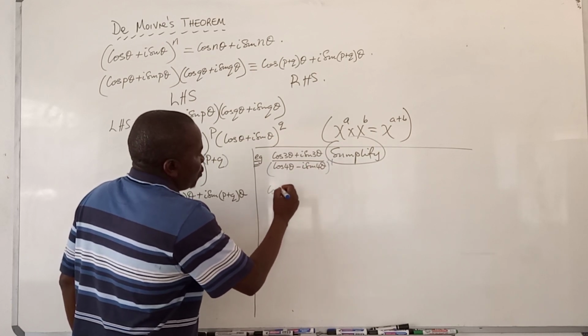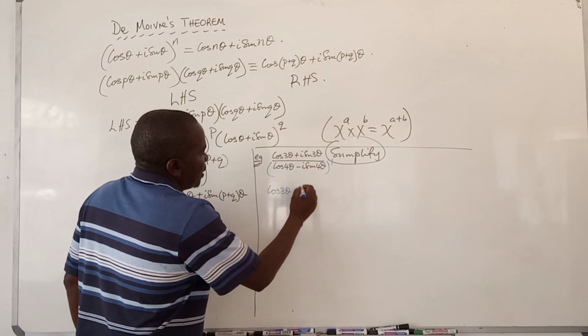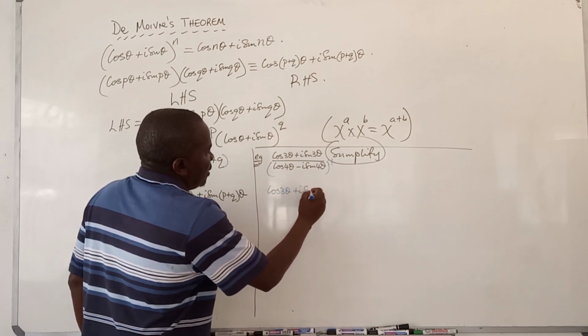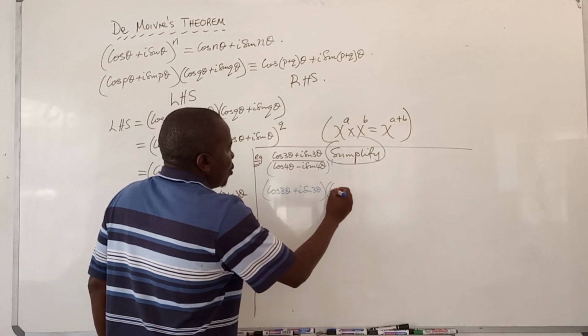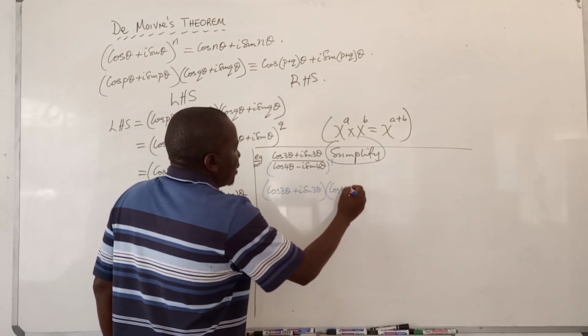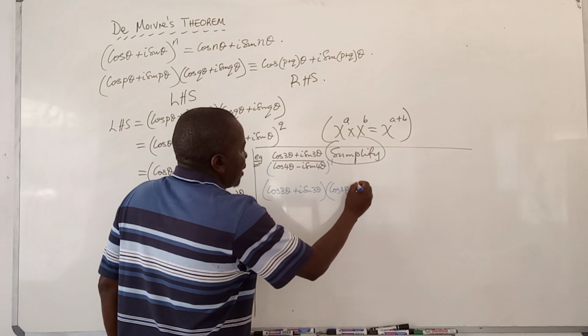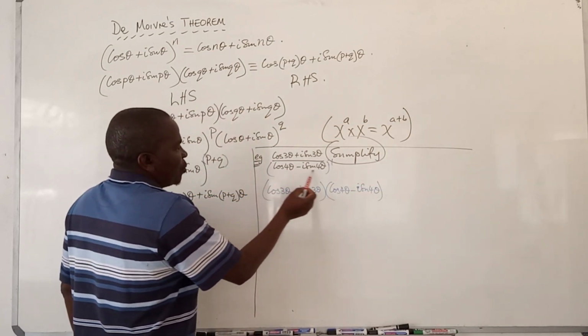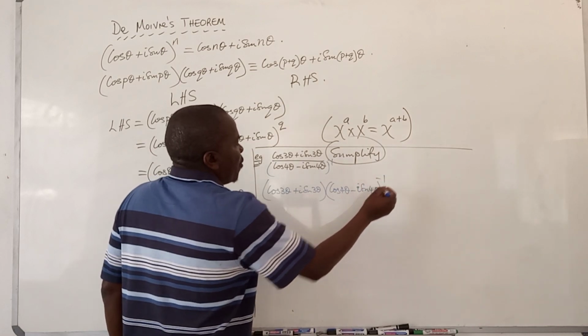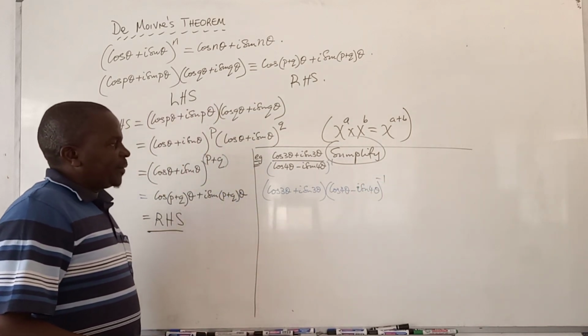So it will be cos of 3 theta plus i sine 3 theta multiplied by cos of 4 theta minus i sine of 4 theta. Now this one will go up. It will be to the power of minus 1.